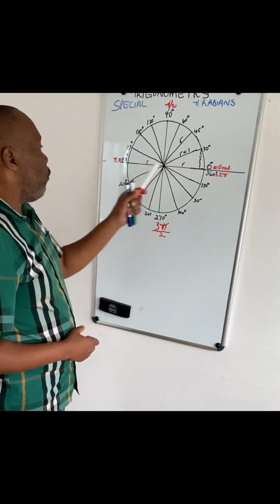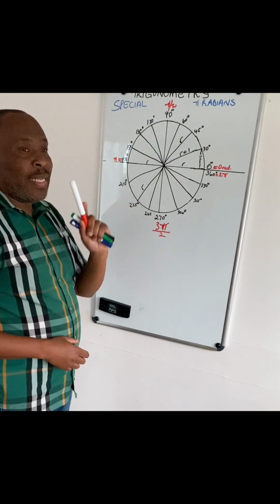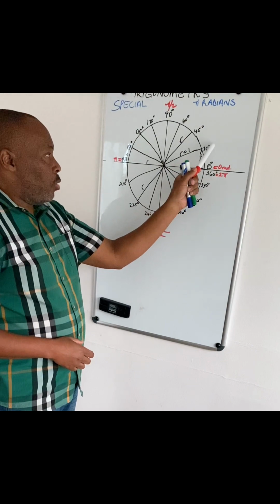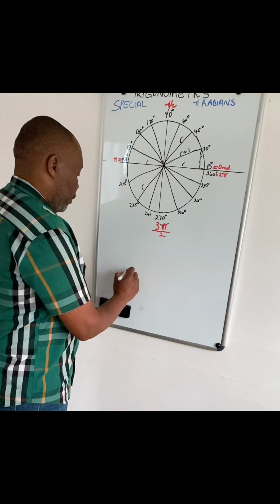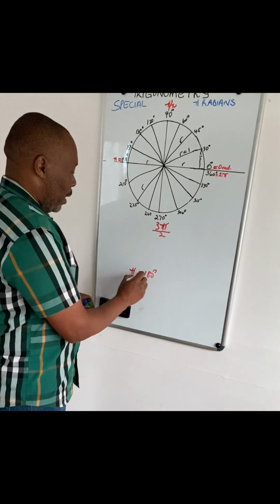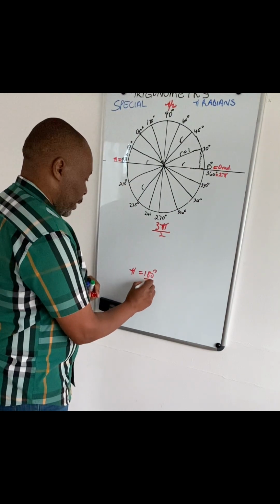So if we want to get 30 degrees, what number can we divide pi with to get to 30 degrees? Pi is equal to 180 degrees. What number, if I divide this, will I get 30 degrees? It is 6.